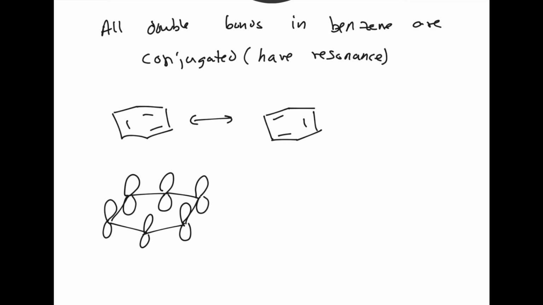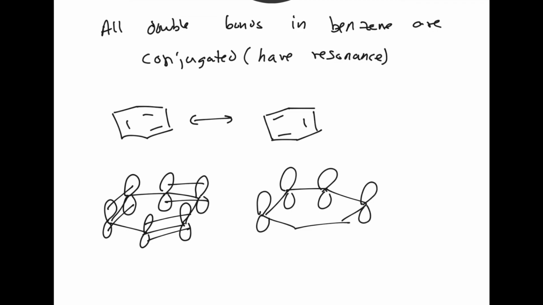Since they're all sp2 hybridized, they all have a p orbital, and you get your overlap, which makes your double bonds. And you've got your two different resonance structures, where the double bonds have moved a little bit.